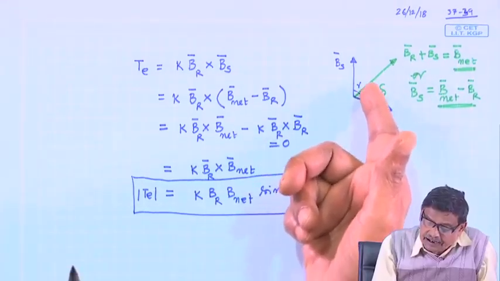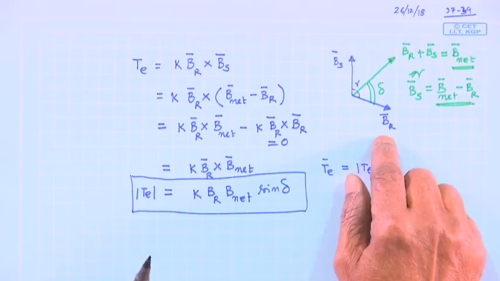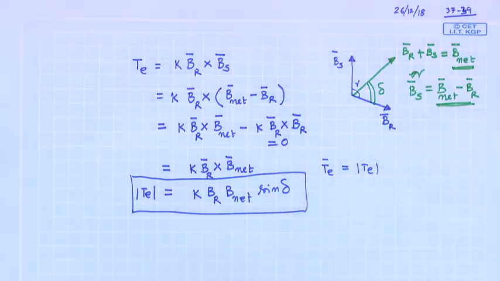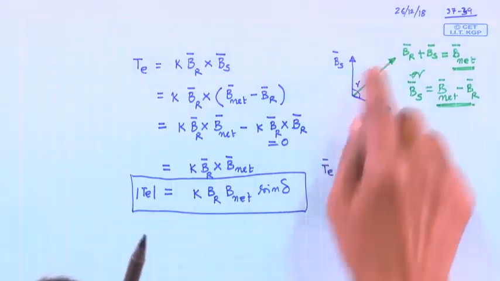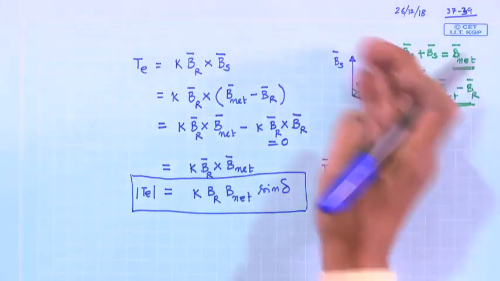If this angle is delta, then I will say, okay, magnitude of the torque is strength of B r, strength of B net into sin delta, and the direction is from B r to B net, and that is the anti-clockwise direction in this case.